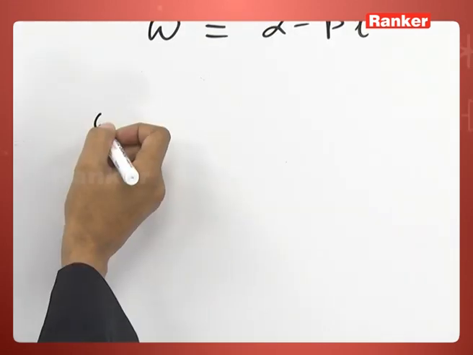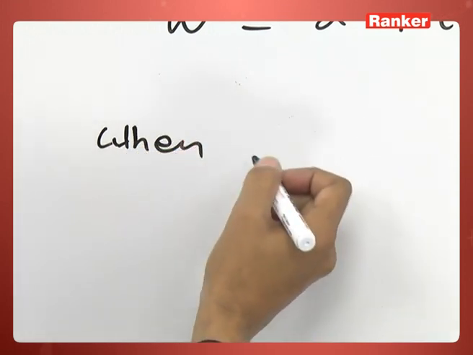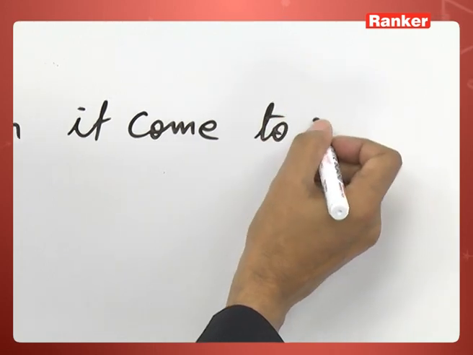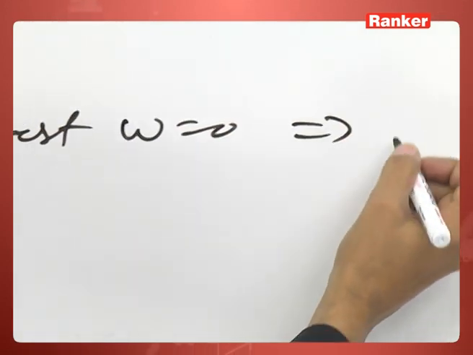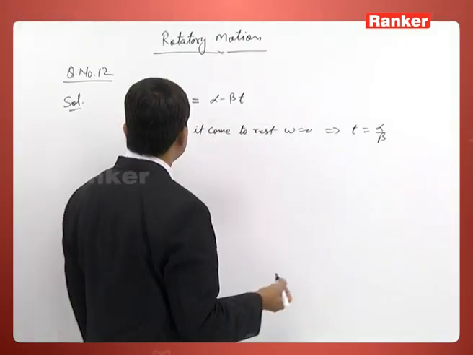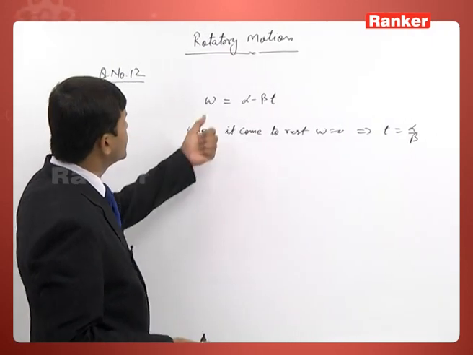So when it comes to rest, omega will be 0. That gives us t is equal to alpha by beta. Now in this time we have to find how much angle it rotates.